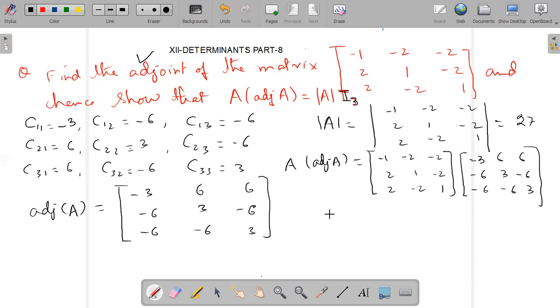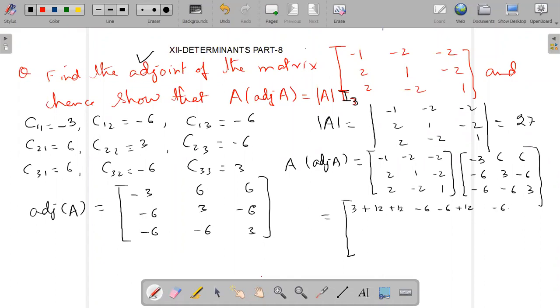So first row multiplies with first column, then first row with second column, then first row with third column. -1 into -3 is 3, plus 6 twos are 12, plus 12. Then multiply first row, second column: -1 into 6 is -6, -6, minus plus 12.